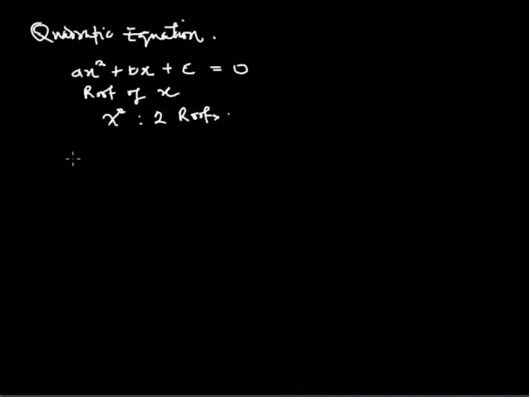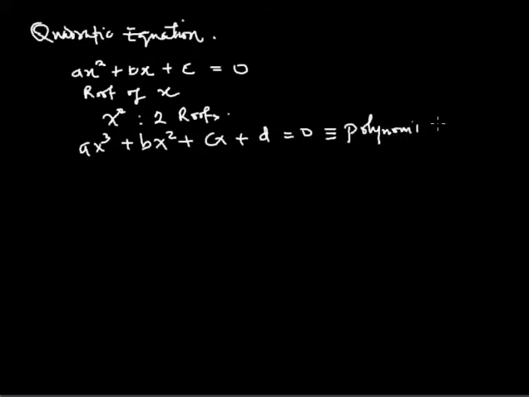If you have particular equations like this, that has x raised to power 3 plus bx raised to power 2 plus cx raised to power 1 plus d is equal to 0, this is equivalent to a polynomial equation.